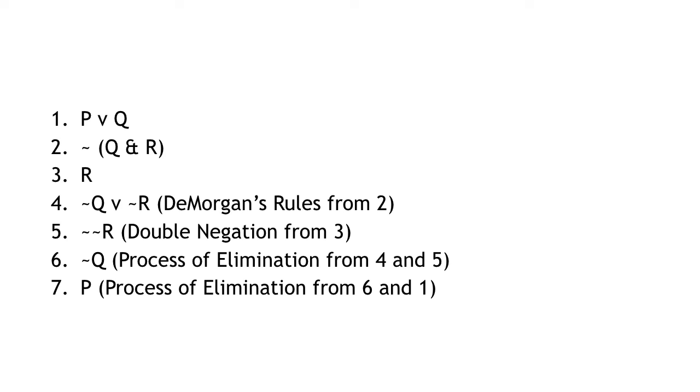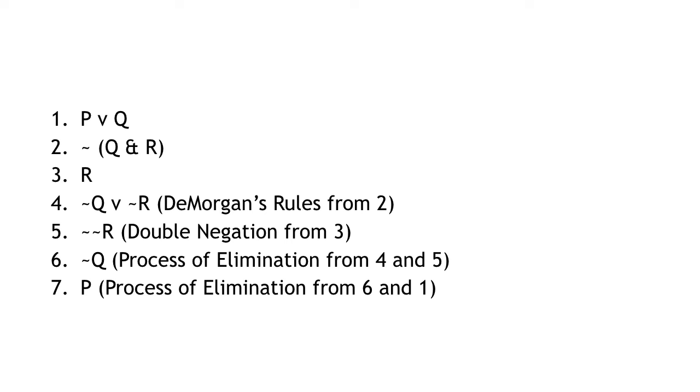That gives us this statement, right? Not not R, well, we can get that from 3 with double negation because that means exactly the same thing as 3, right? Not Q, well, 4 says not Q or not R, so we have this not not R. That means that not Q has to be true, right? We use this process of elimination on 4 and 5 here, right?